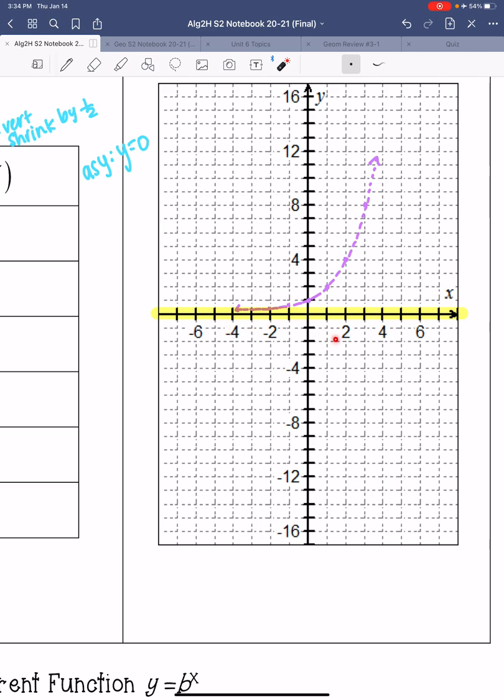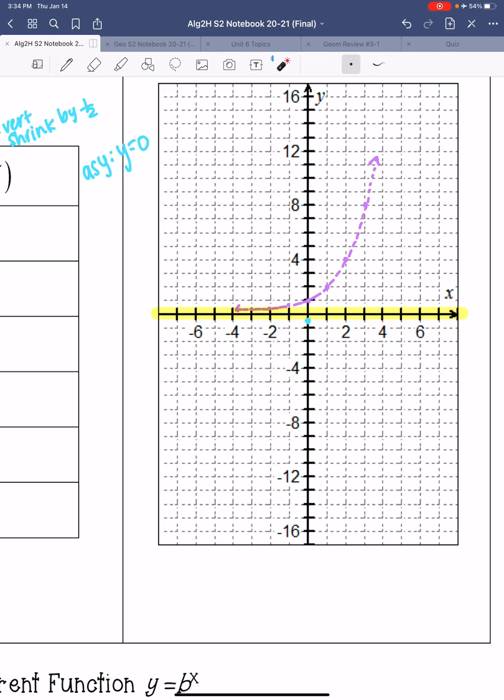It reflects across x, so all of these points are going to reflect across the x-axis. The other thing that's happening is my vertical distances are being cut in half. So we're going to plot these. The first one, we'll go here. This first guy is going to reflect, and then that distance is going to be cut in half. So our point would become right here.